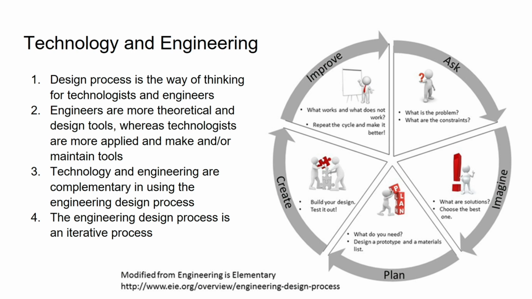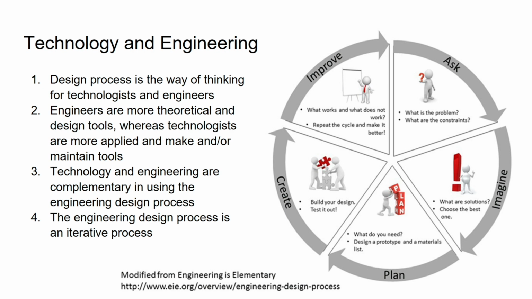They work side by side in many careers and many industries, but by definition, engineers would typically be considered more theoretical, using design tools to create ideas or to create prototypes. Once those are manufactured, the technologists are the ones who make sure that they work in the real world, or that if there are any problems, they get solved and then get reported back to the engineers. So it's more of an application-oriented role.